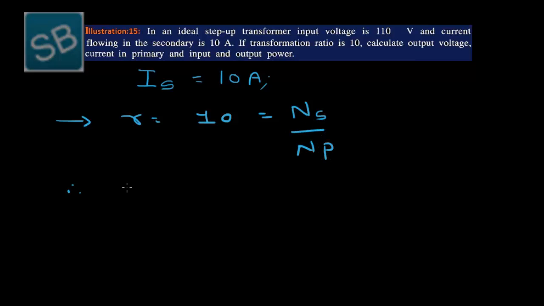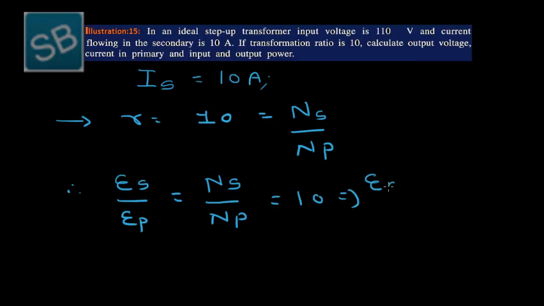So we know another relation between the induced EMF and the number of turns in the coil, that is epsilon S over epsilon P is equal to Ns over Np, that is equal to 10, and the EMF or voltage is given as 110 in the primary coil, and that implies the value of epsilon S can be obtained with this equation.